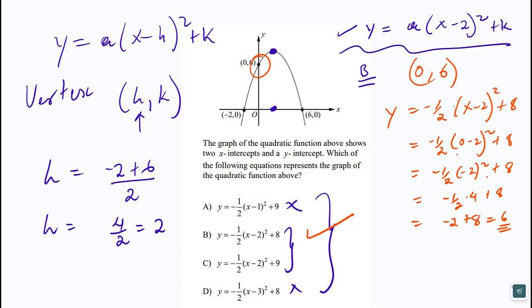As a result, when I plug 0 in, I'm getting 6 for my y. So this point is definitely on the graph y equal to -1/2 (x minus 2) squared plus 8. So b is definitely going to be my answer. It's kind of insignificant now to check c because I know that b already satisfies all the conditions necessary.